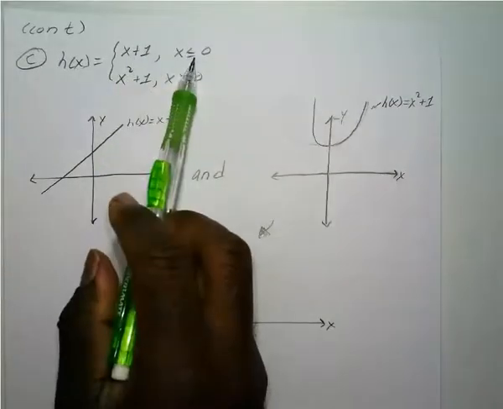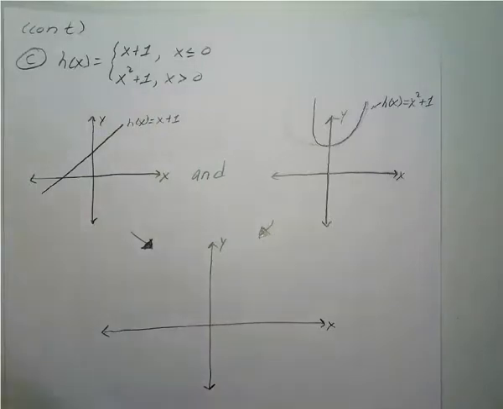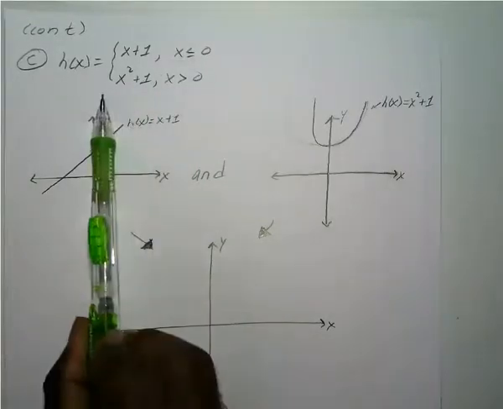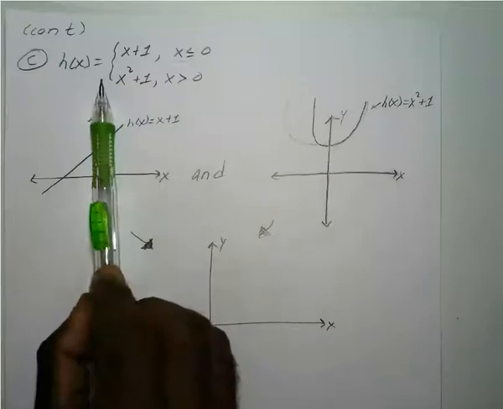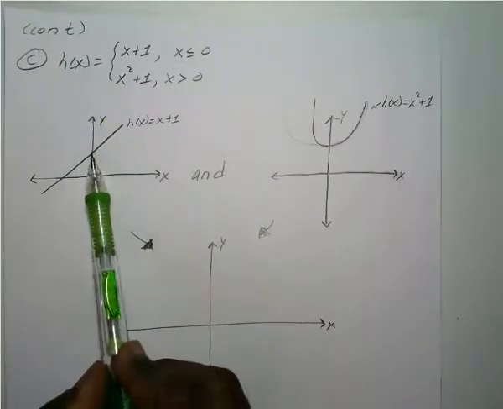So for x less than or equal to 0, we're going to use x plus 1. So that means on this side, which is less than 0, we're going to use this part of the graph.